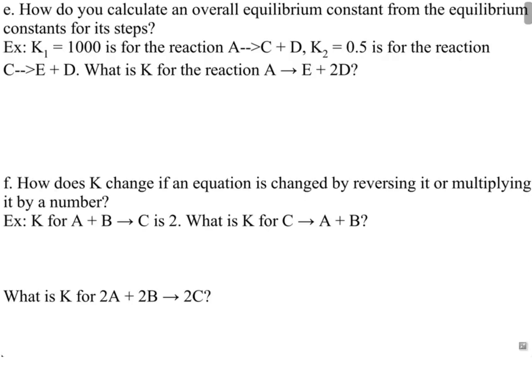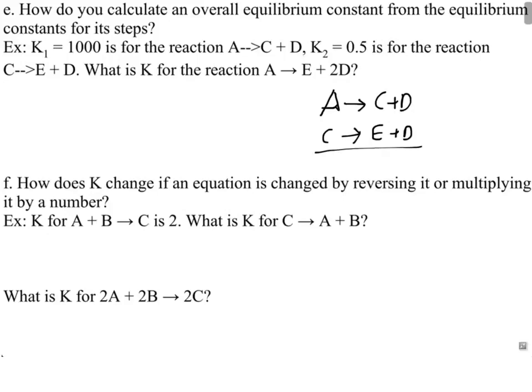Okay, so equilibrium constants can be written for stepwise reactions that react in a series of steps. You can figure out the overall equilibrium constant from those. And if you have a reaction and you want the equilibrium constant for the reverse reaction, you can also figure that out.